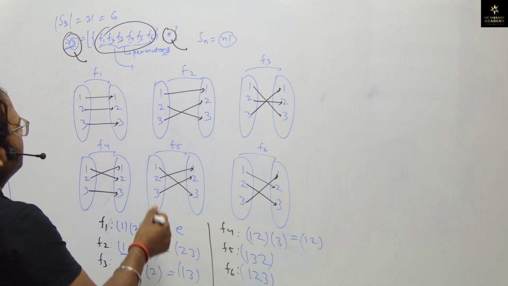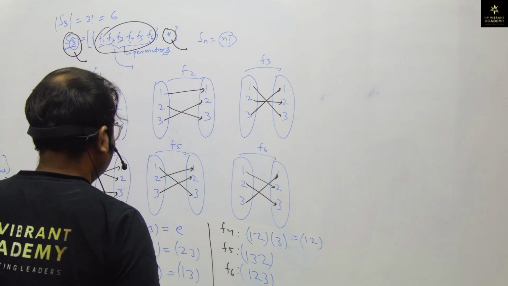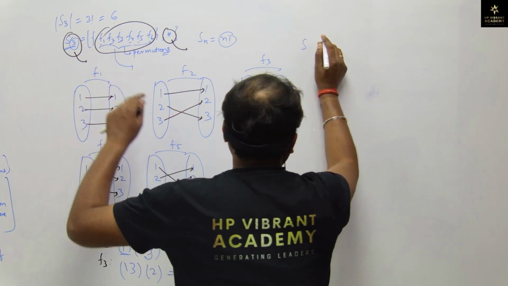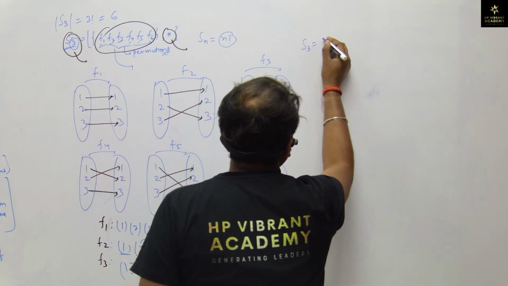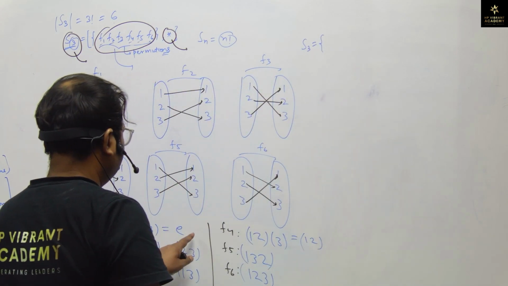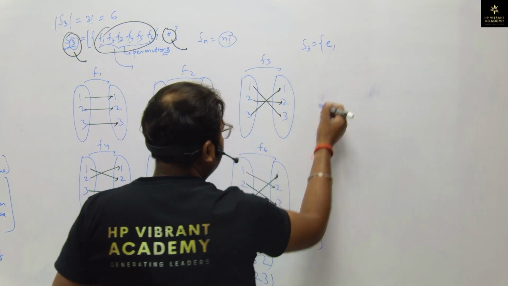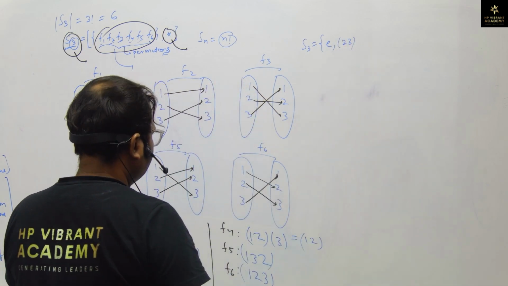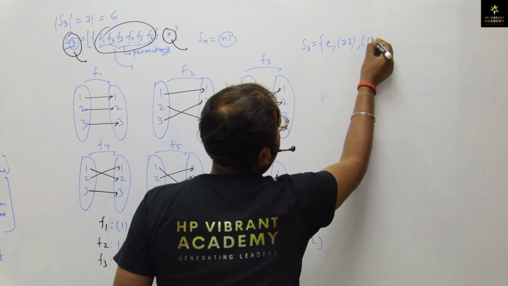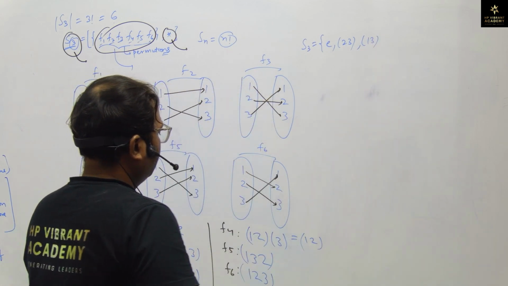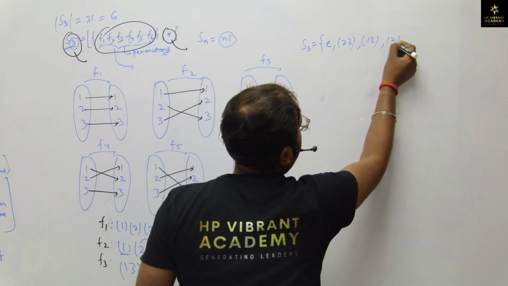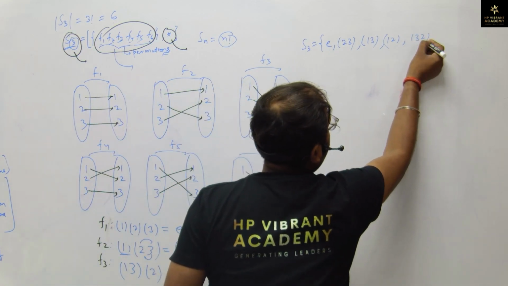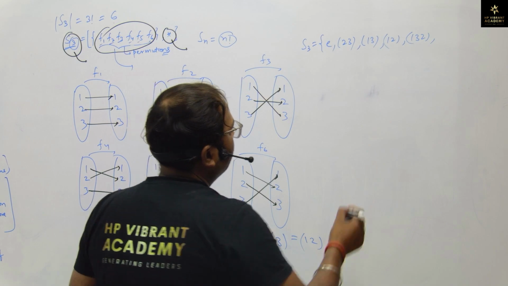So let us write down the elements in group S3. The first is the identity element, then (2 3), (1 3), (1 2), and fifth is (1 3 2), and we have (1 2 3).